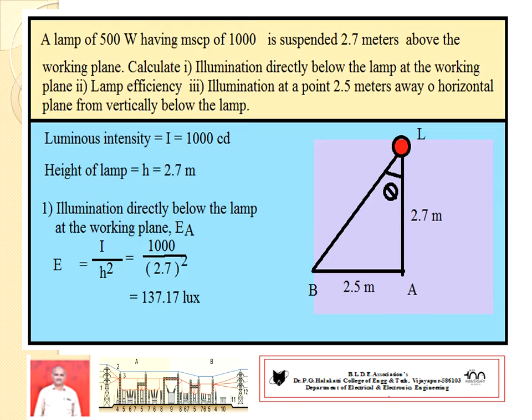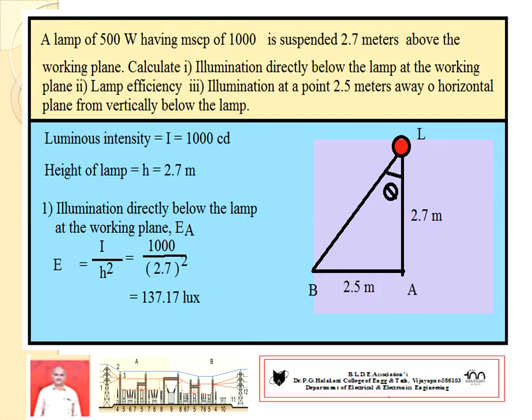So first you try to understand the problem. What conditions are given? You try to sketch. A lamp is given of 500 watts having MSCP of 1000.